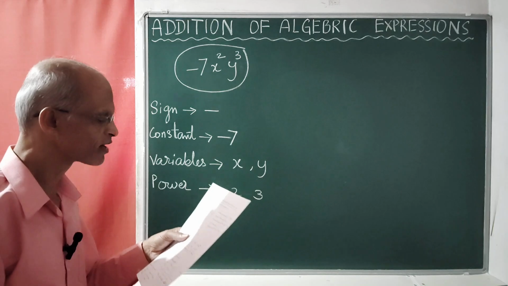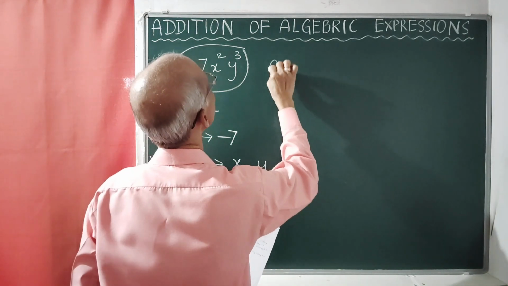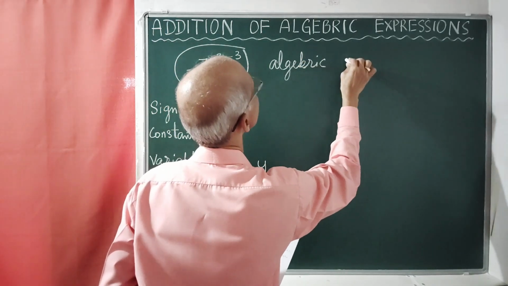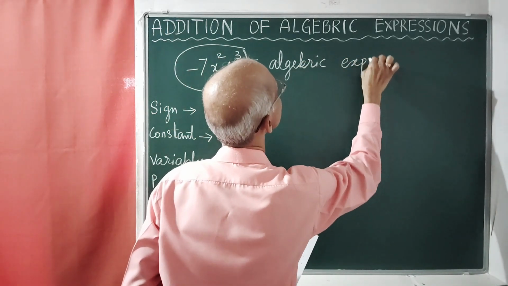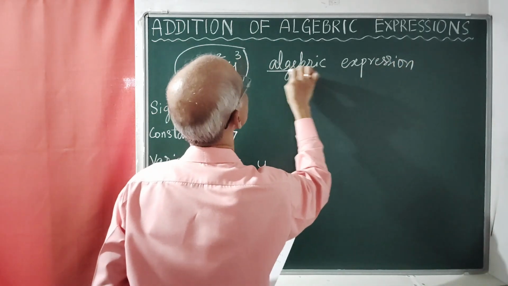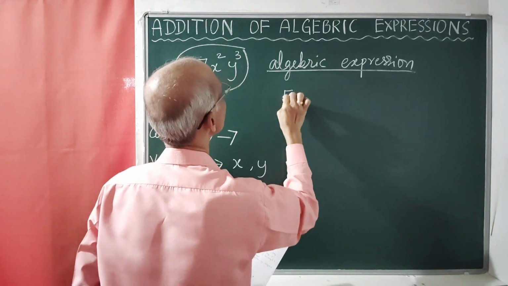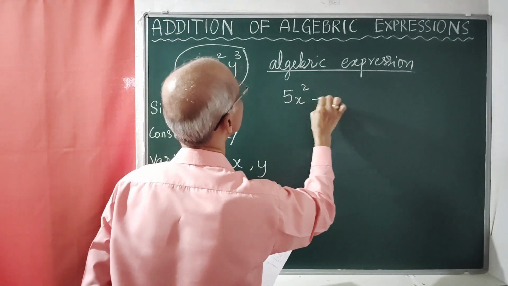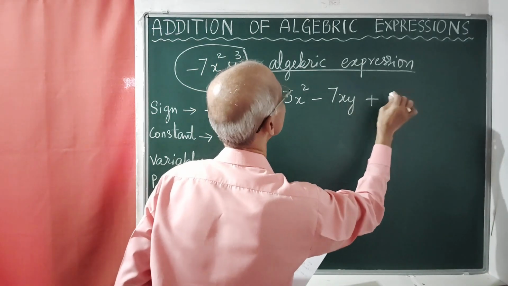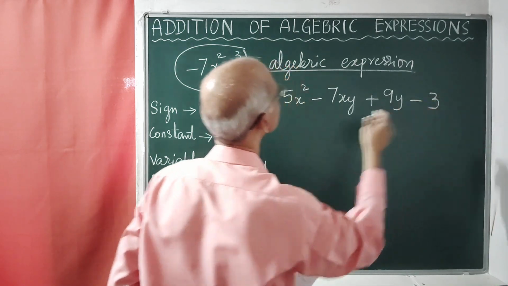Now, I will write an algebraic expression. See, algebraic expression: 5x square minus 7xy plus 9y minus 3.